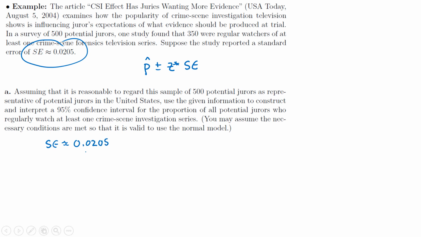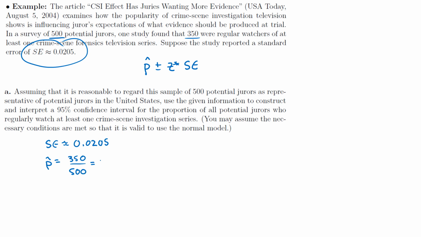So kind of for this first set of confidence interval problems, it's just going to be given to you. So we have that. Our point estimate, okay, well, that's our sample proportion, right? And they found that 350 in their sample out of 500 potential jurors regularly watch these shows.